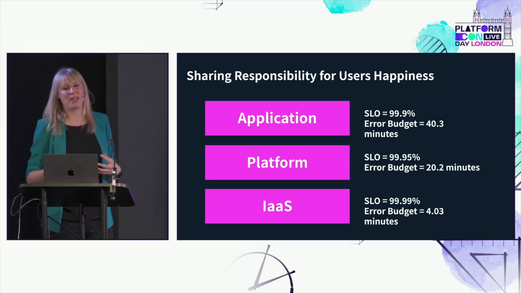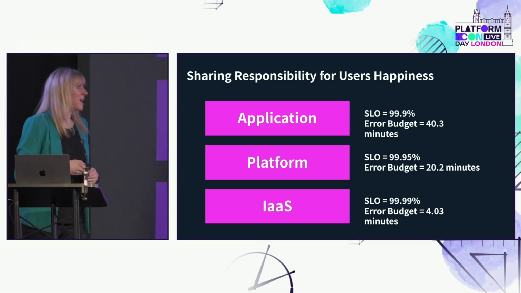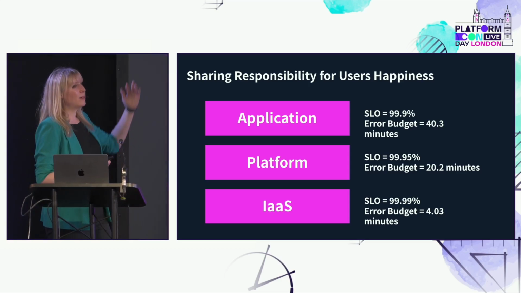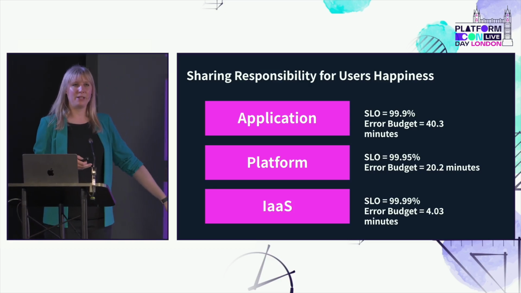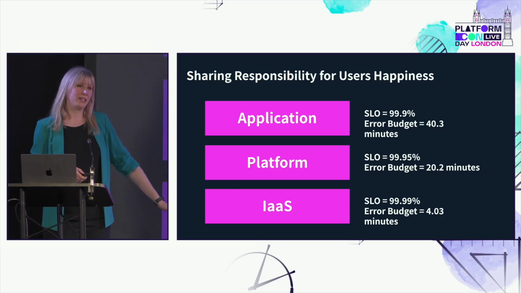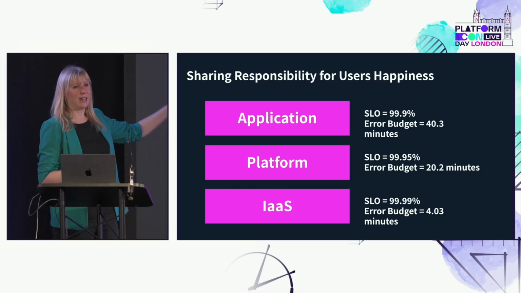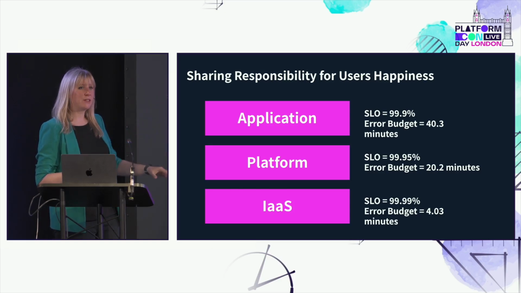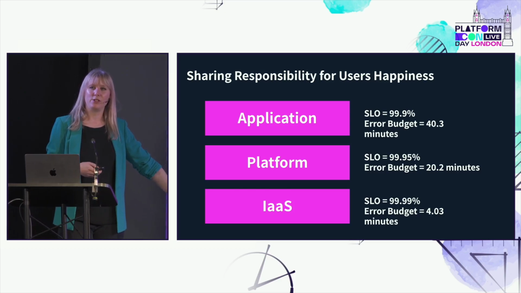And so it needs to be a collaborative process, and it also needs to be transparent. And what you will find is the more abstraction layers you have and the deeper in the stack you get, the higher availability and the higher SLOs you are going to need to set. Because if your infrastructure goes down, it impacts everybody. And you might feel slightly removed from the end user pain if you're in one of these internal-facing teams.